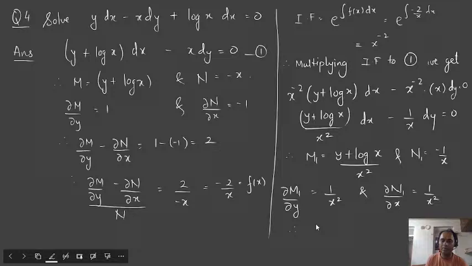So if I call this equation 2, so therefore 2 is exact DE.